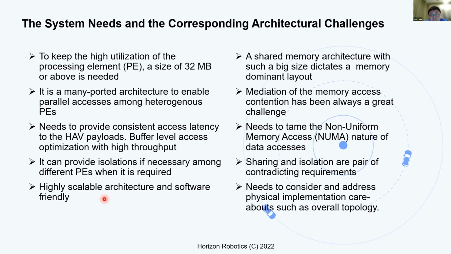The image data and the region of interest image data normally come out at a pretty big size. So for such characteristics of access, we need to heavily optimize for big buffer access. We need to provide very consistent access latency, while providing high throughput at the same time.